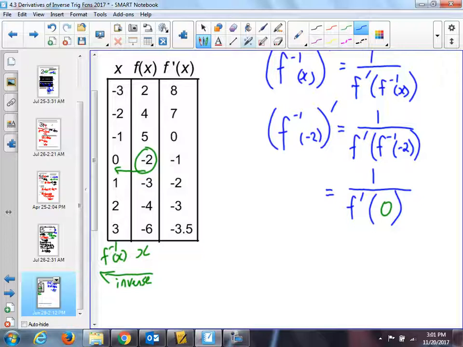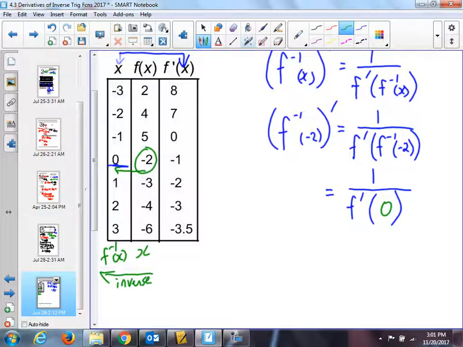Now, you're asked, what's the derivative when you've got 0 plugged into it? It's negative 1. You got that? Kind of. Because now you can ignore the middle column. And I'm just saying when the x value is 0, what's the value of the derivative when I plug 0 into it?